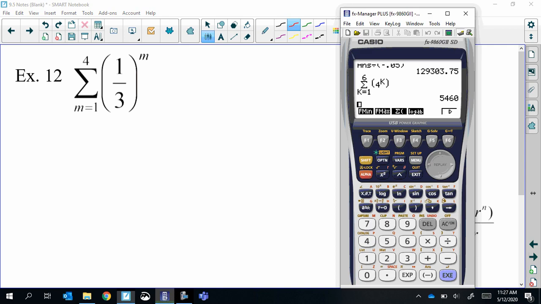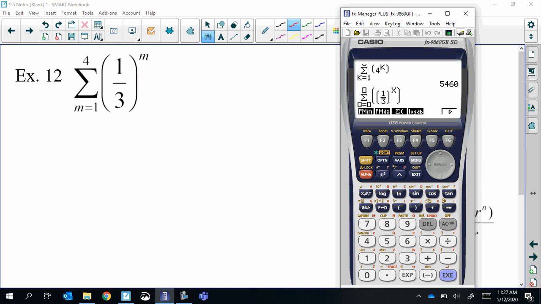All right, here's another one, same thing. Sigma, type in the equation first. We'll even do the parentheses here. 1/3. And then we'll do to the power of m. I'll change it up this time. I'm going to use the x variable. I just think it's easier.